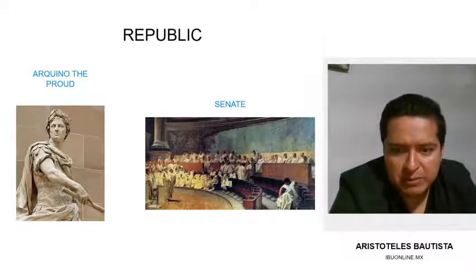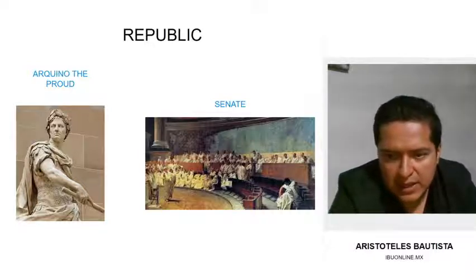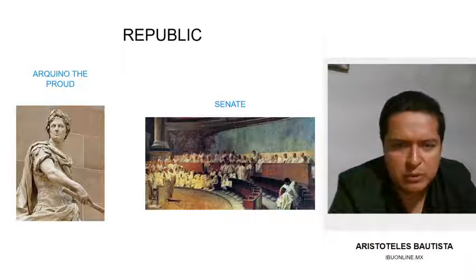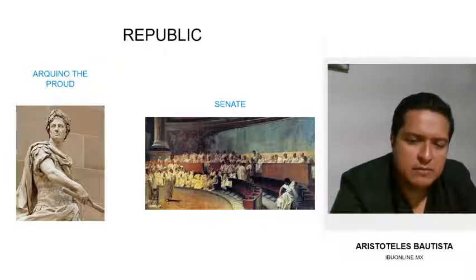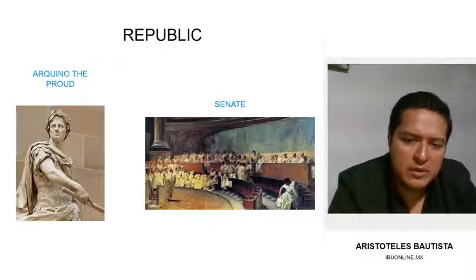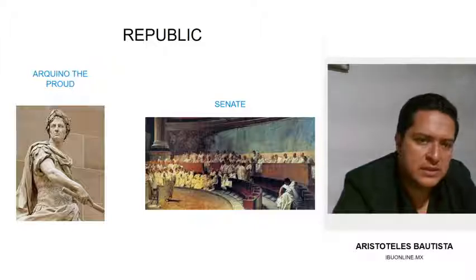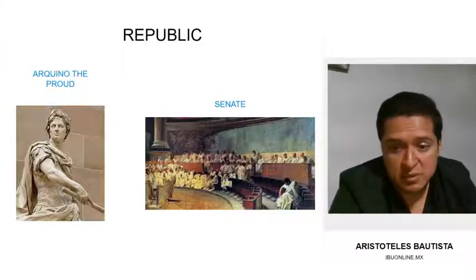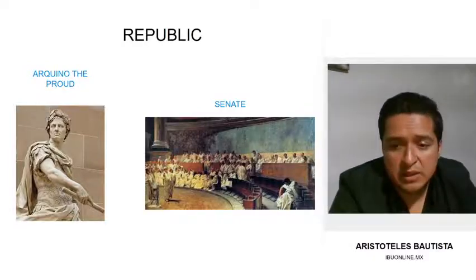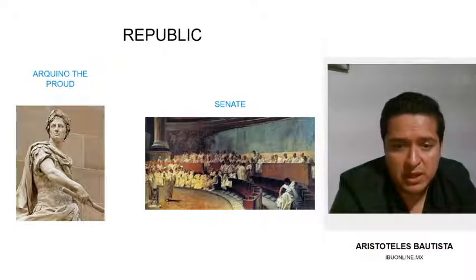So they built a permanent senate, which destroyed the monarchy government, and there became a Roman republic. Remember, at the origin of Rome, the political form was a monarchy, and the Romans expelled Tarquinius, and they became a republic.